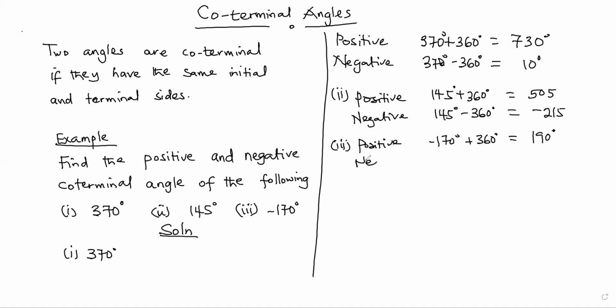Then for the negative, we have negative 170 minus 360 degrees. And so when we subtract, then we'll be having negative 530 degrees. So basically, this is what coterminal angles are. But let's prove something.